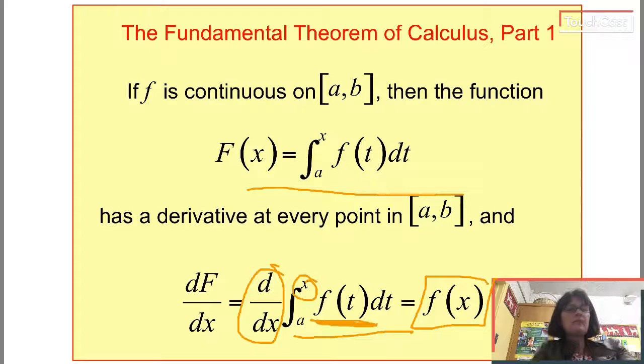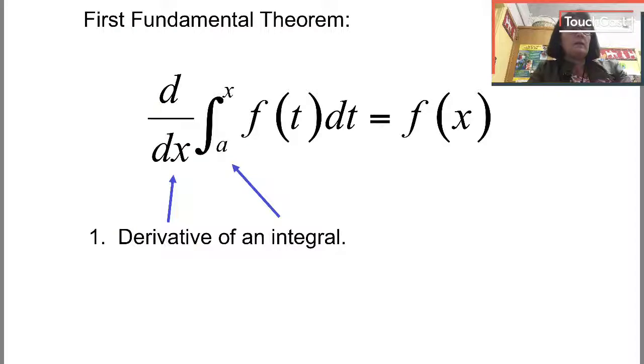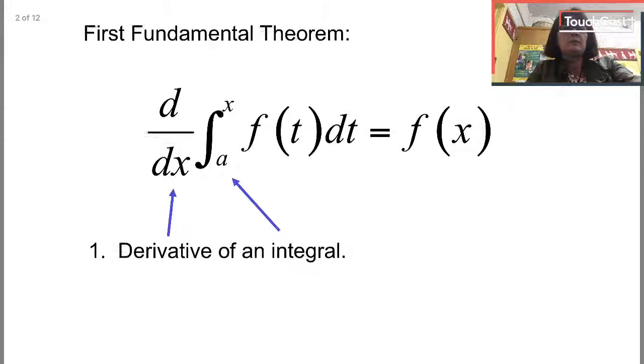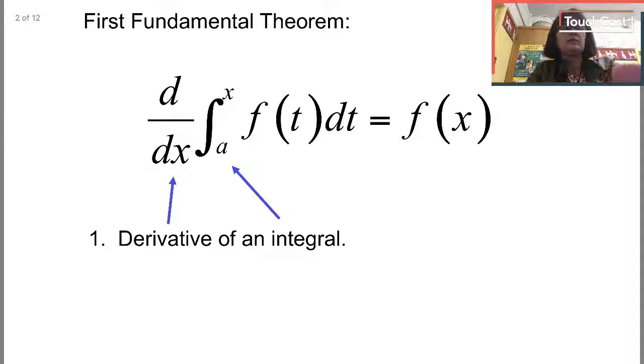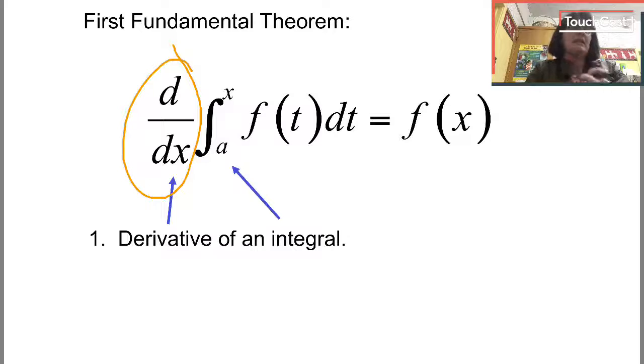So let's practice using the Fundamental Theorem of Calculus to take the derivative of a function defined with an integral. Three things have to be true before we can be guaranteed that our derivative will undo our integral. We have to be taking the derivative of, so that's this operator, d dx, which means take the derivative with respect to x.